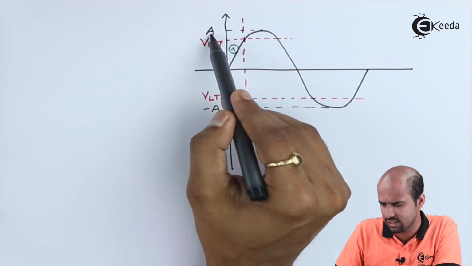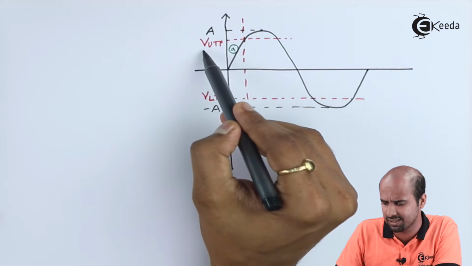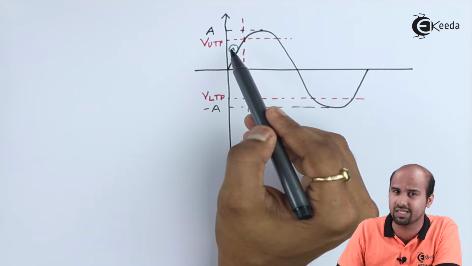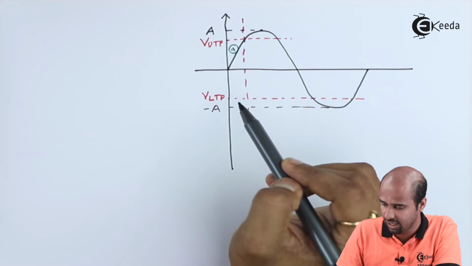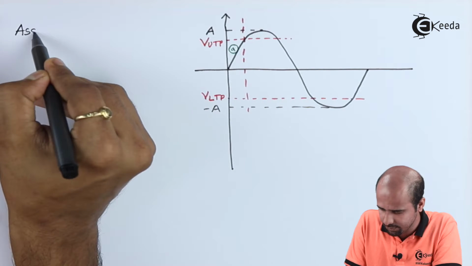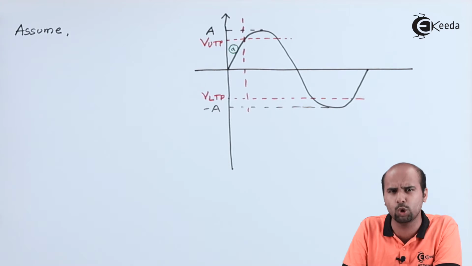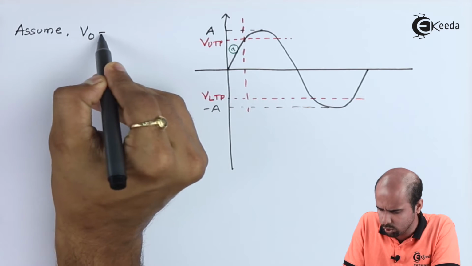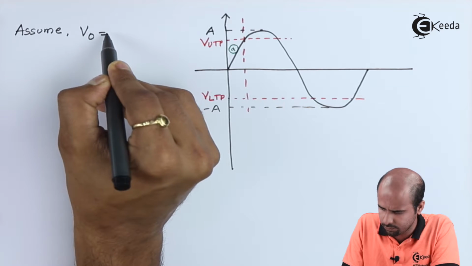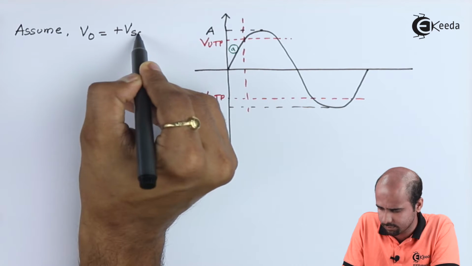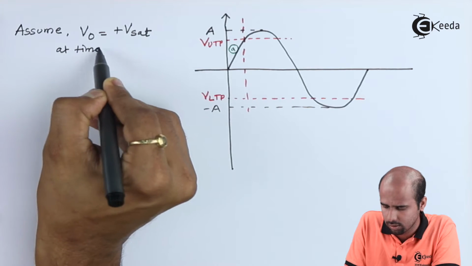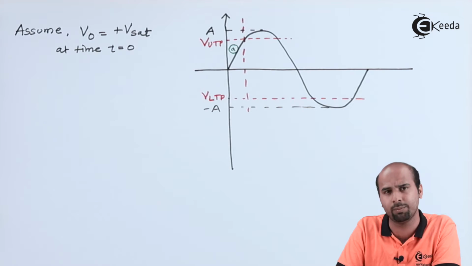Always this value V1 is less than this VUTP, and that VUTP in one of the cases is nothing but VF, right? We will assume that initially we will be getting some value of VO. Assume that VO is equal to plus VSAT at time t equal to 0.